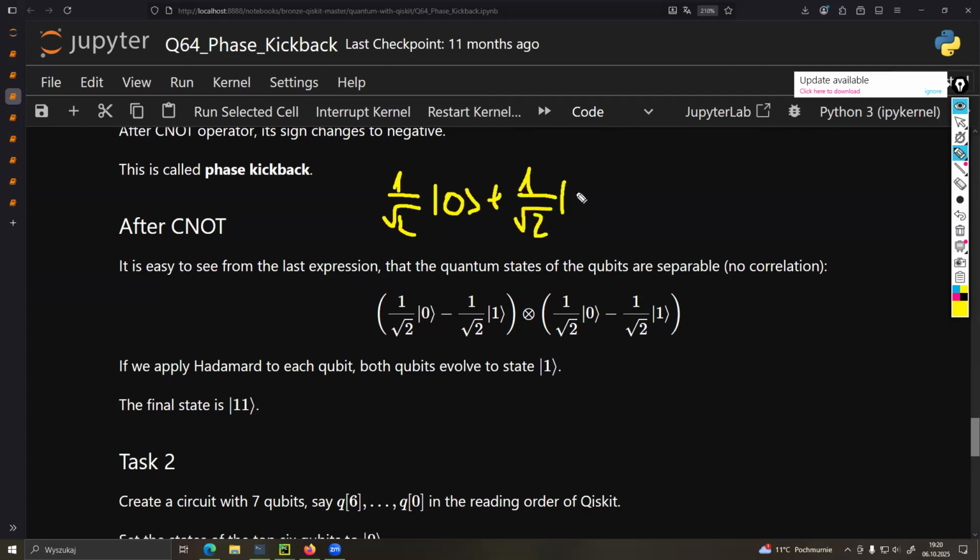So this is what we call a phase kickback. I applied a control X to the completely different qubit, and I got a retaliation damage into my first qubit that I didn't anticipate.